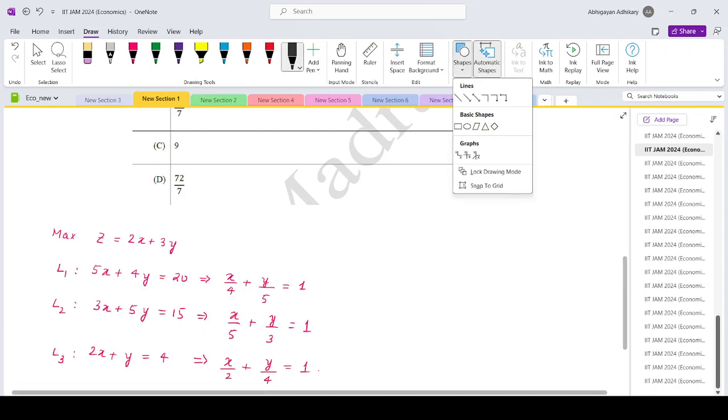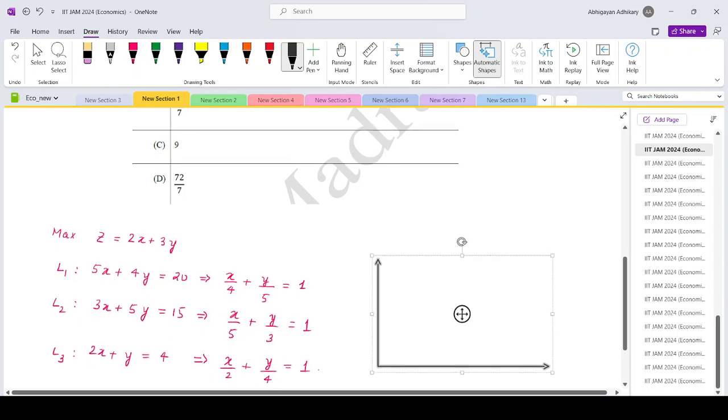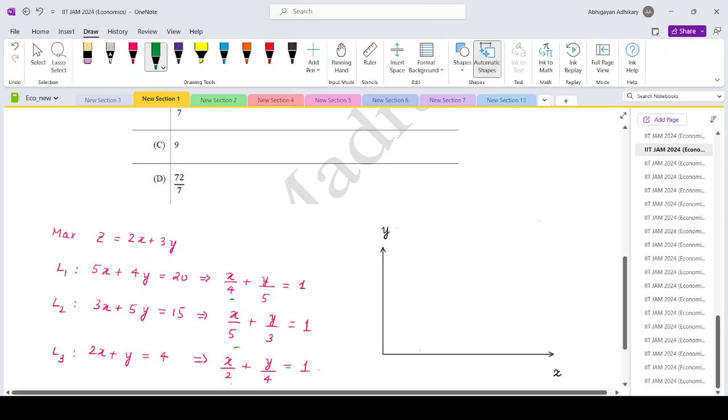So if we plot all these constraints, the points needed on the x-axis are 4, 5 and 2, and the points needed on the y-axis are 3, 4 and 5.